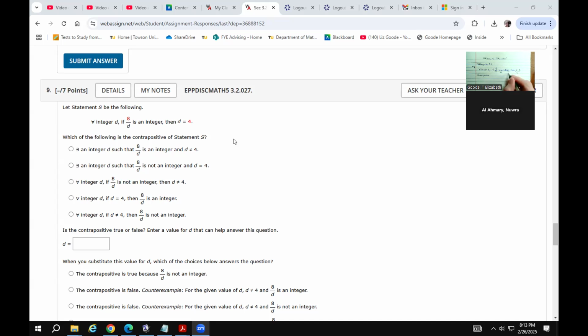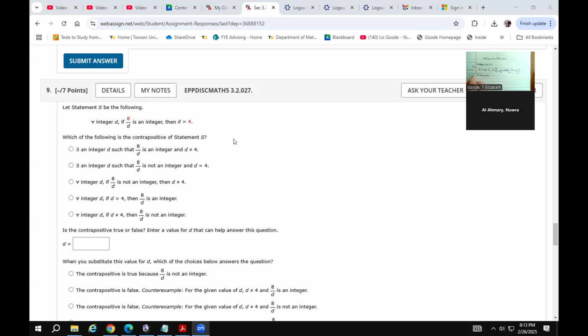That's so smart to make a little key where P means the hypothesis and Q means the conclusion. So here we've got some kind of quantifier for all integer D, P of D implies Q of D. We'll just say P implies Q. So what would the contrapositive look like? I wrote out not Q implies not P.